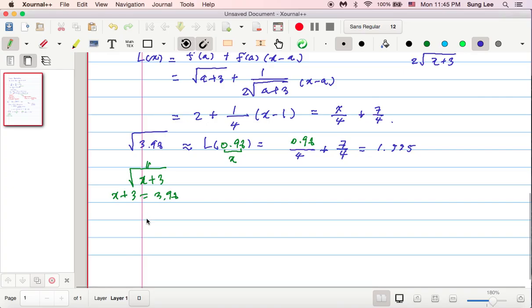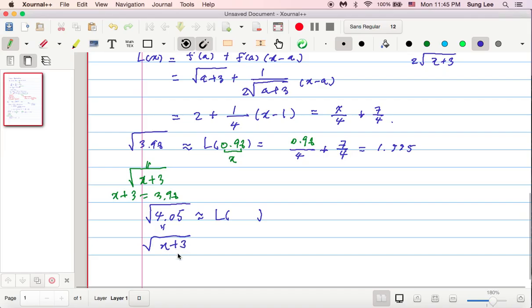Likewise, we are also going to calculate the following quantity here, 4.05, okay? So that is going to be approximated by L of some x. So what would be the x? Same thing. This guy here is the same as square root of x plus 3, right?